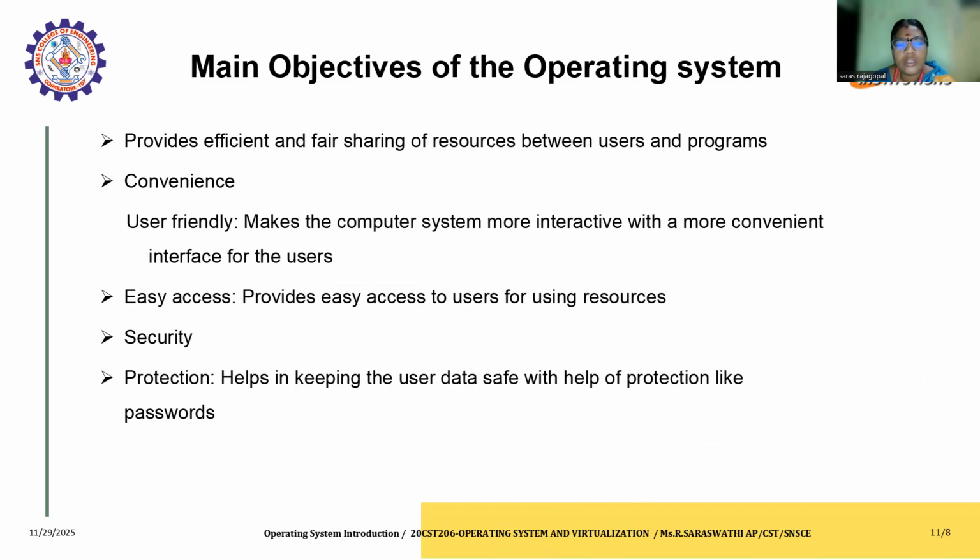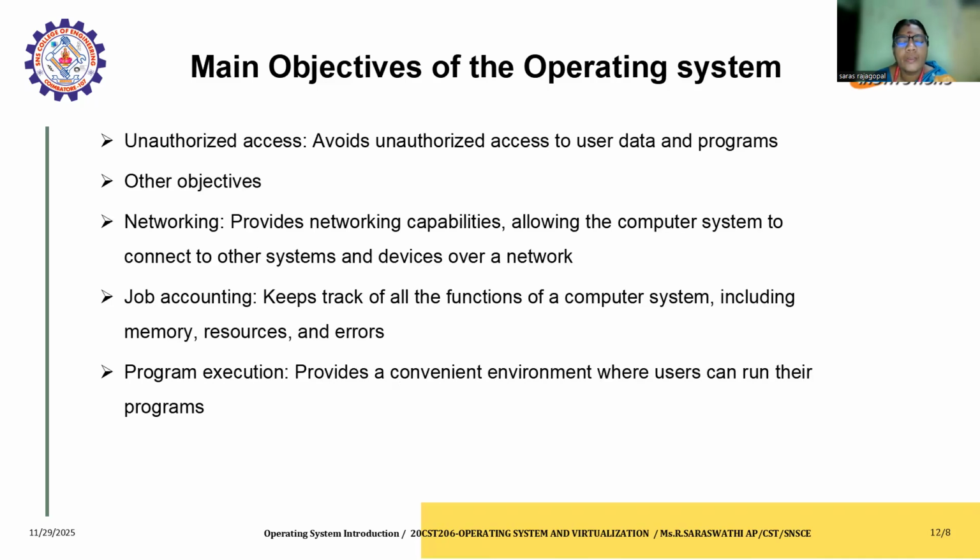It is convenient, user-friendly, and easy to access, with security and protection. Protection is keeping the user data safe with the help of protections like a password. It is easy for users to access resources.